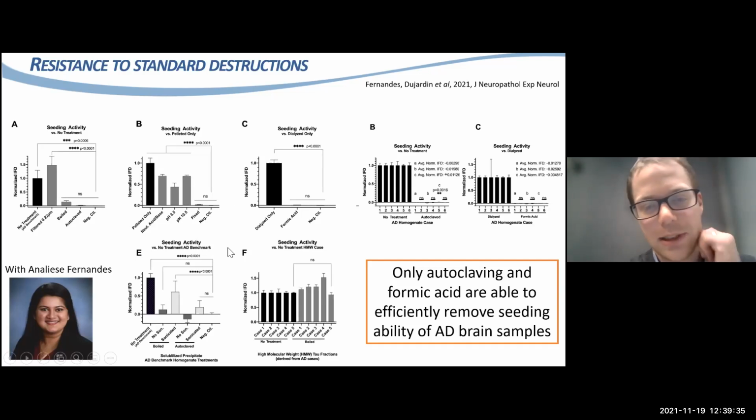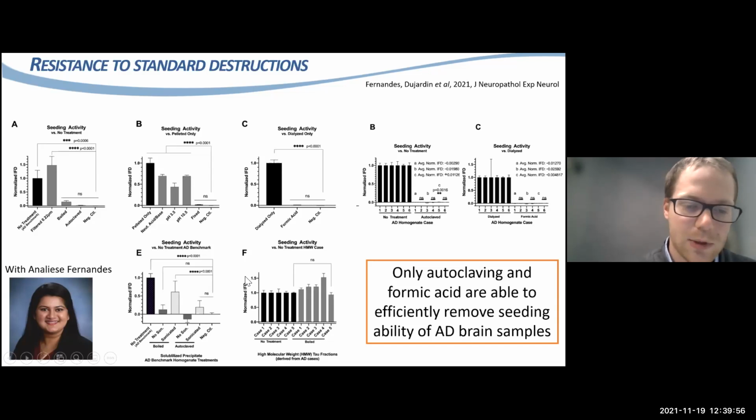Fixation using paraformaldehyde worked, and formic acid, very importantly, because that's what's used in prion labs, worked quite well. We tried that in different cases, and autoclave and formic acid worked quite well in both ways. And one thing we noticed is by doing boiling, we actually had some sort of a precipitate forming in our samples.